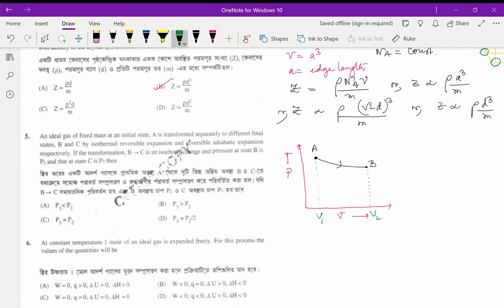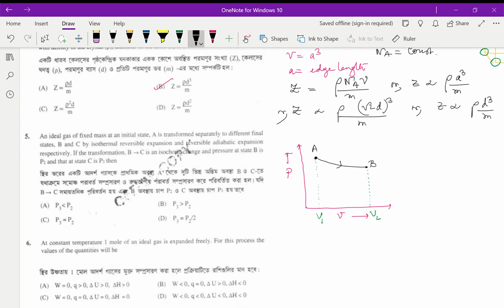Alright, now check again. It says A to B is the isothermal process, whereas A to C is a reversible adiabatic expansion.